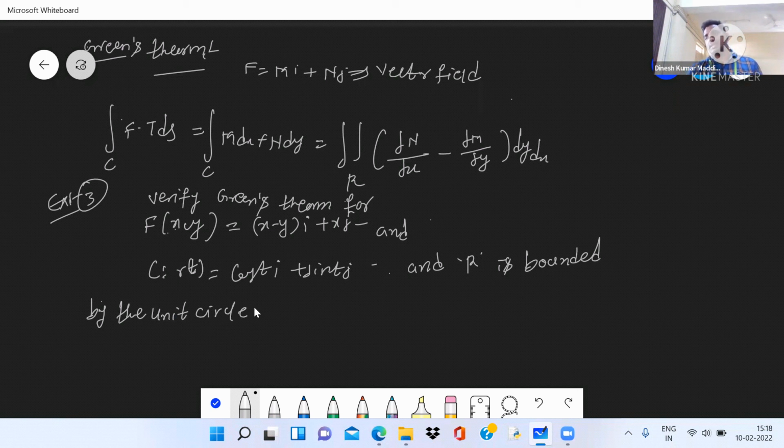That means the circle radius is 1, and t lies between 0 to 2 pi. This is the data they gave.